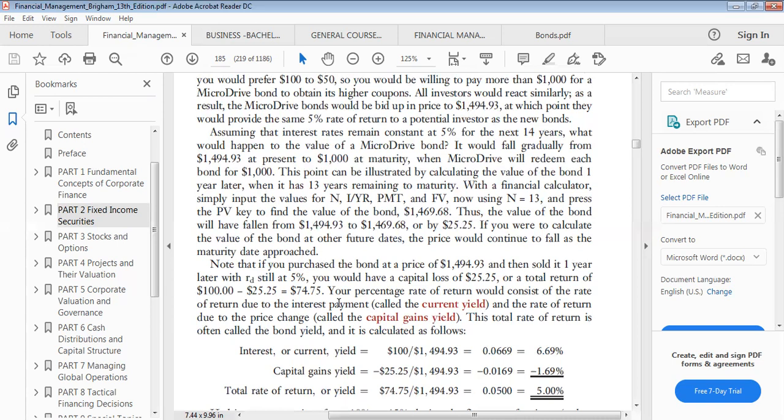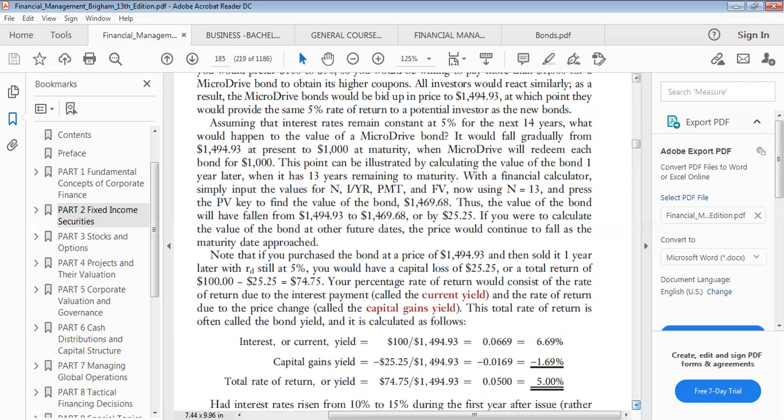The current yield is the coupon payment, or INT, divided by the bond price: 100 divided by 1,494.93, which gives us 6.69%. The capital gains yield is negative 25.25 divided by 1,494.93, which gives you negative 0.0169, or negative 1.69%. Then you get the total yield of 5%.